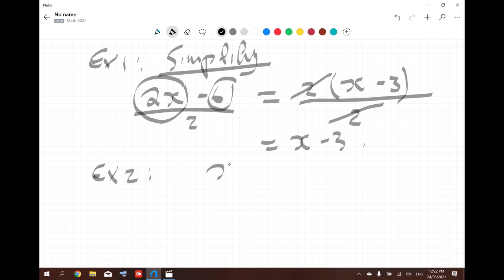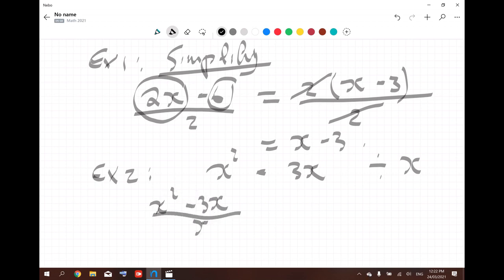One more example, example 2. If I have x squared minus 3x divided by x, I can write x squared minus 3x on x. Again, I cannot simplify x with any of the x's up there because the two terms are subtracted. But if I factorize by taking the x as a common factor, as the two terms are divisible by x, leaving x minus 3 on x.